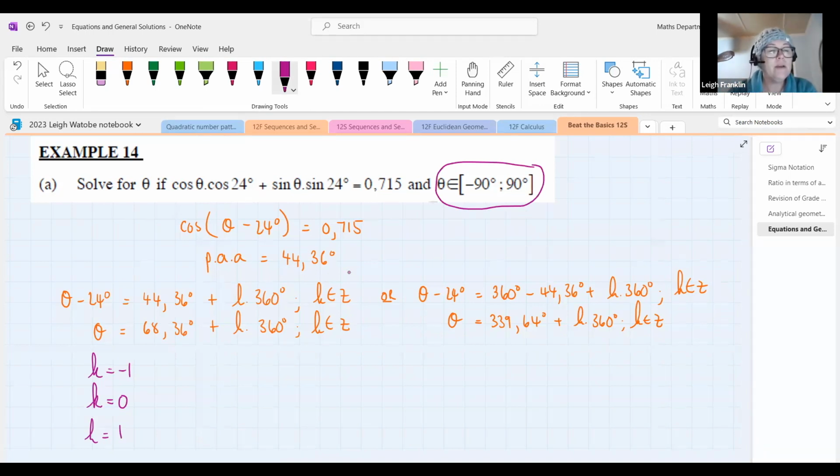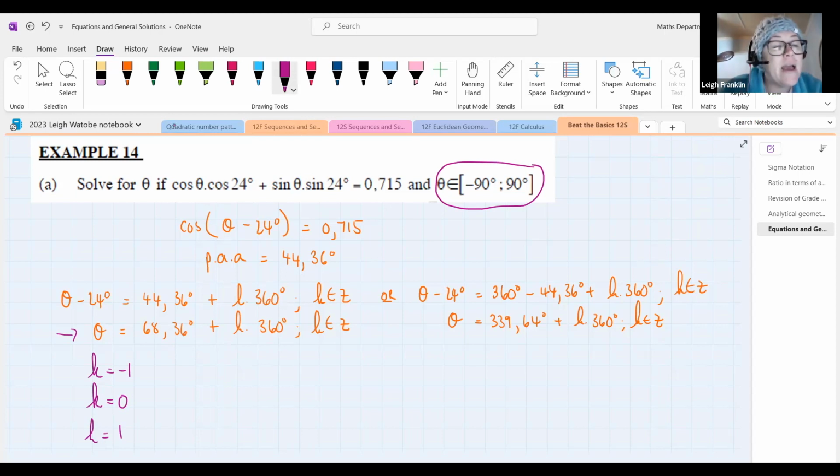So if we're having a look at this general solution over here, and we made k equal to -1, we'd have 360 times -1 plus 68.36. This gives us an answer of -291.64.